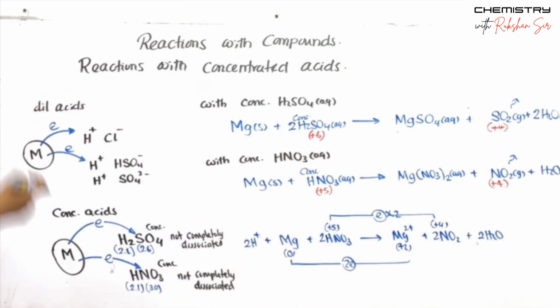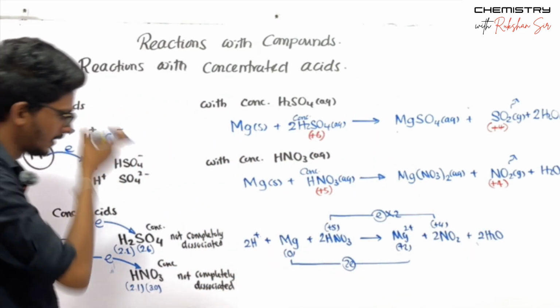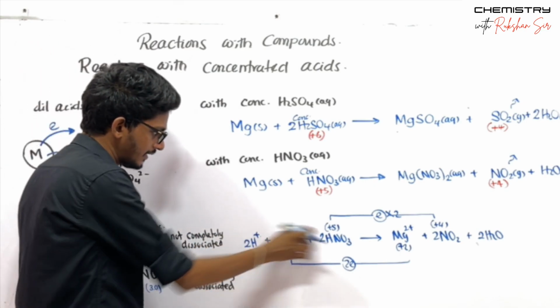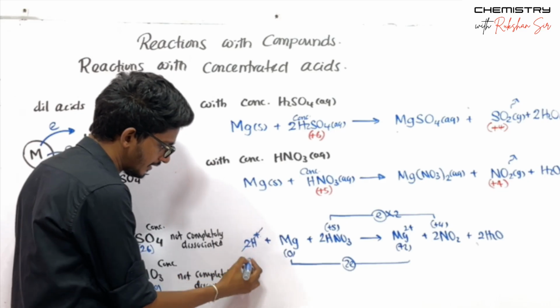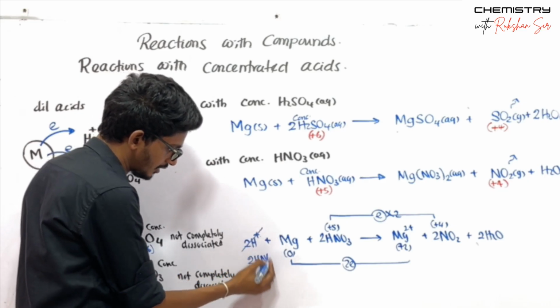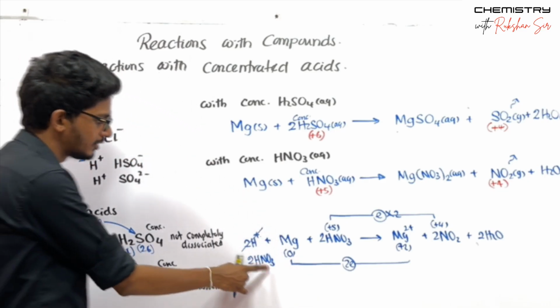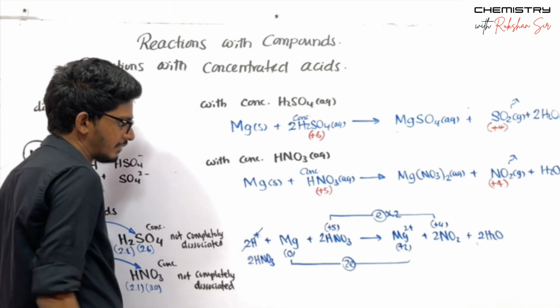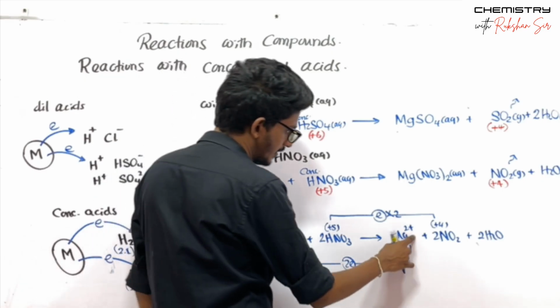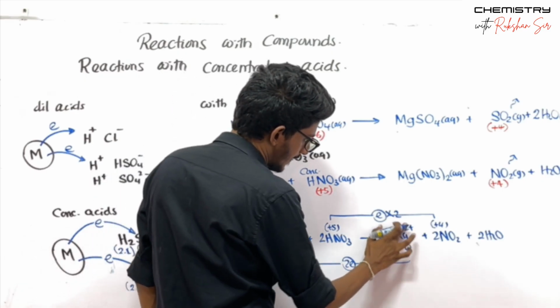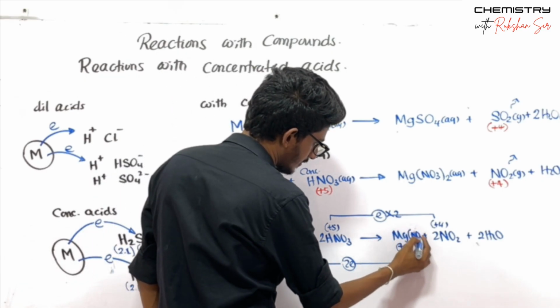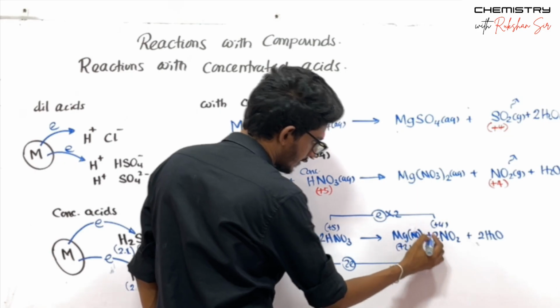So these H+ are provided by the HNO3 acid, so we can write here 2 HNO3. For that, you used 2 NO3- ions, so that can be added here. So this is going to be Mg nitrate, Mg(NO3)2.